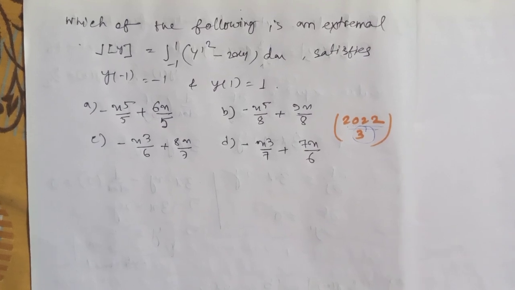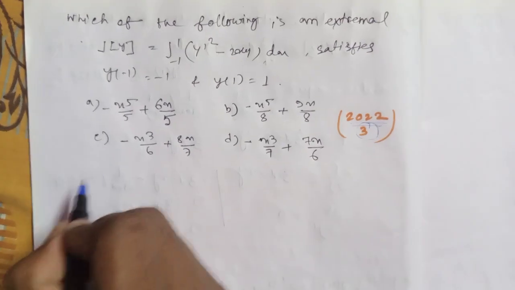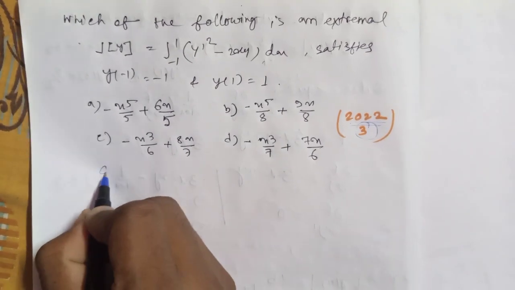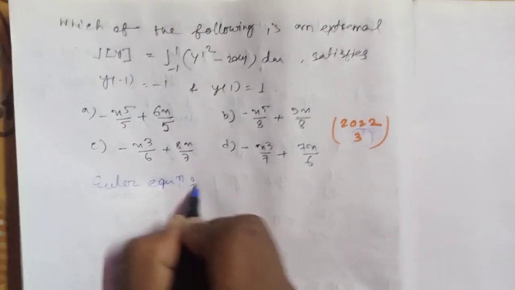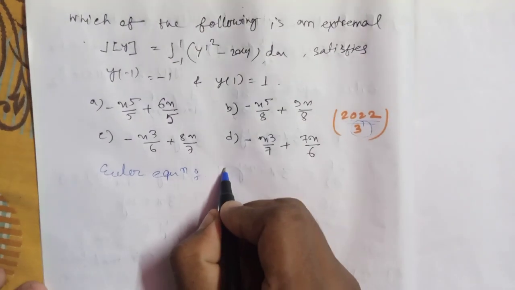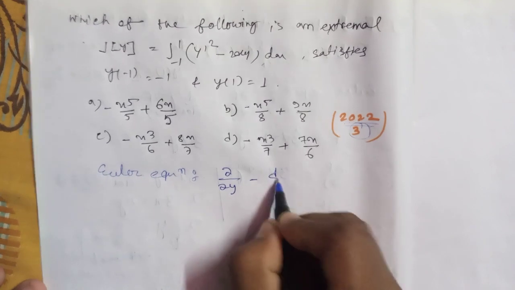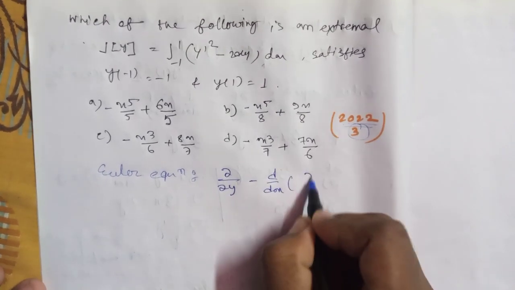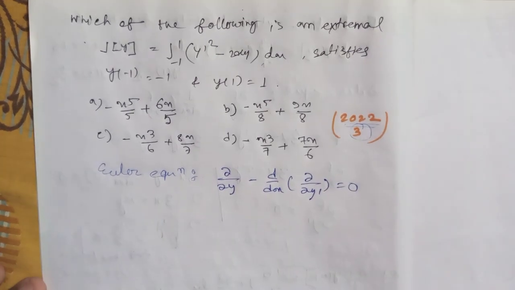Now to solve this type of question, we have to write the Euler equation, right? What is the Euler equation? We know that the Euler equation is del f by del y minus d/dx of del f by del y dash equal to 0.